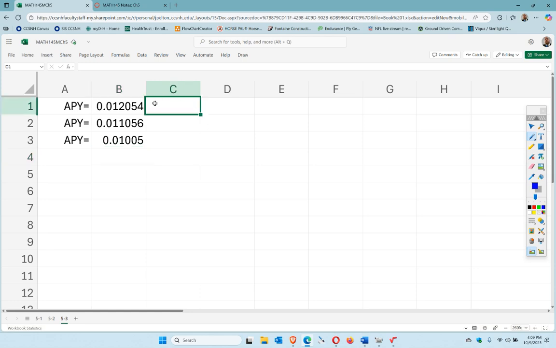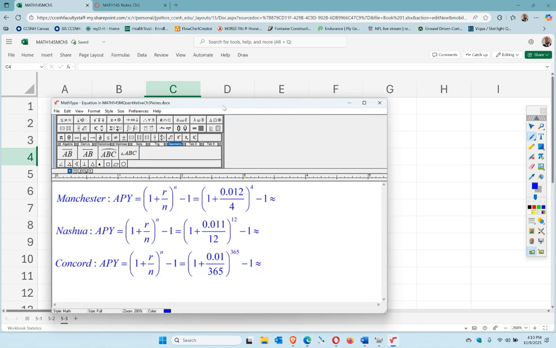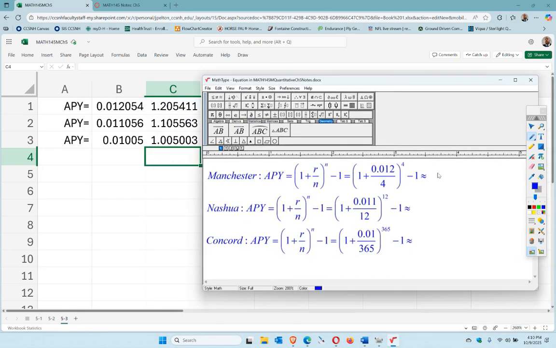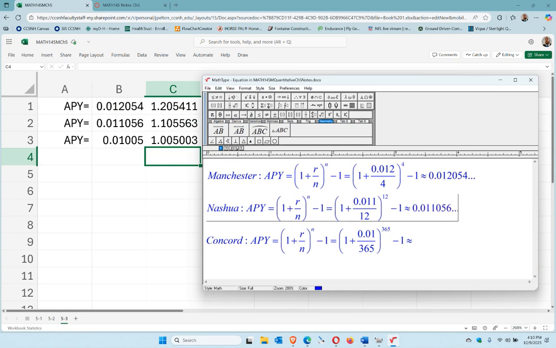What we need to do is go over to here and take each one of these and times them by 100. This one times 100, and this one times 100. So what I'm really looking at when I work these out is 0.012054 dot dot dot. This one is 0.011056 dot dot dot. They keep going. We don't need this many decimal places.